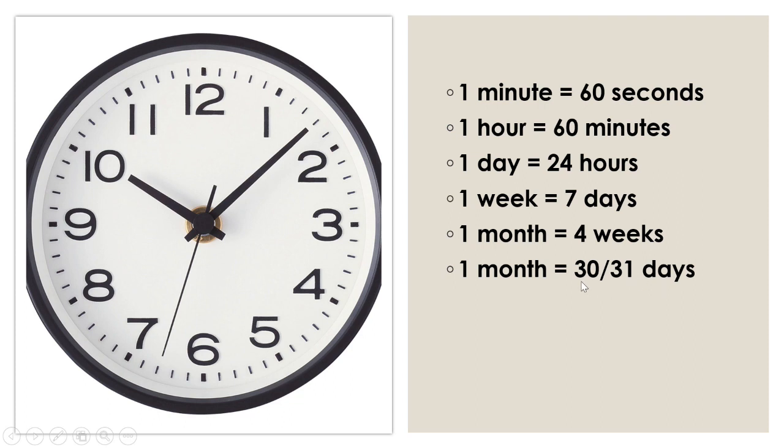So children, some months have got 30 days and some months have got 31 days. In class 3, we taught you how to make a fist and with the help of your knuckles find out which month has got 30 days and which one has got 31 days.